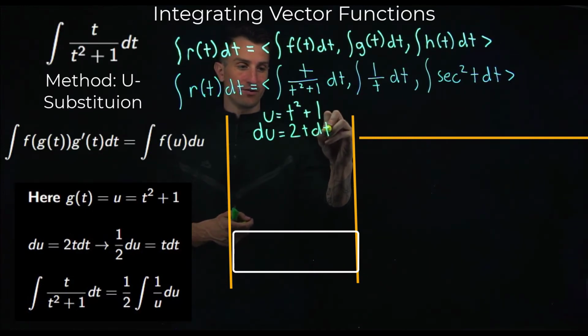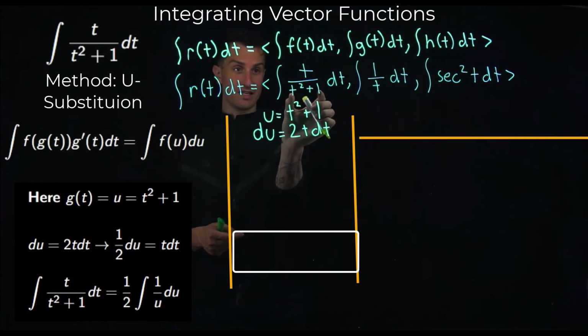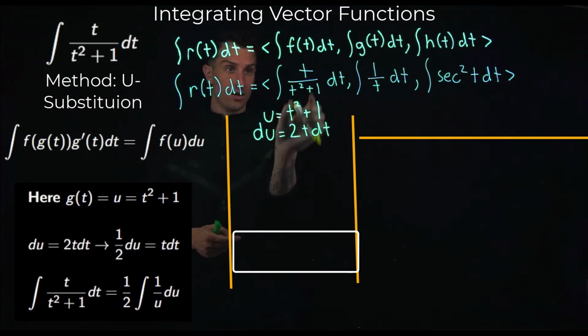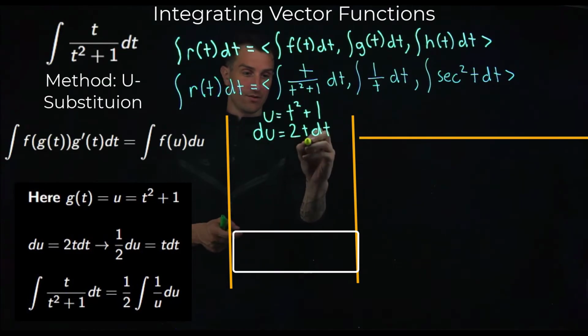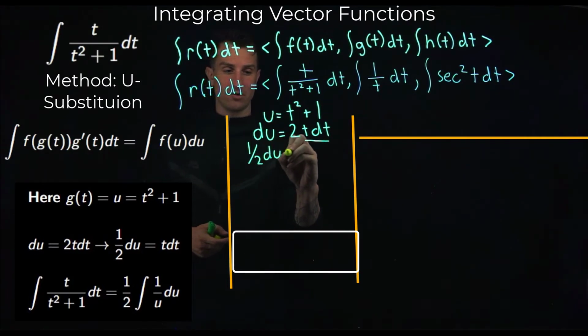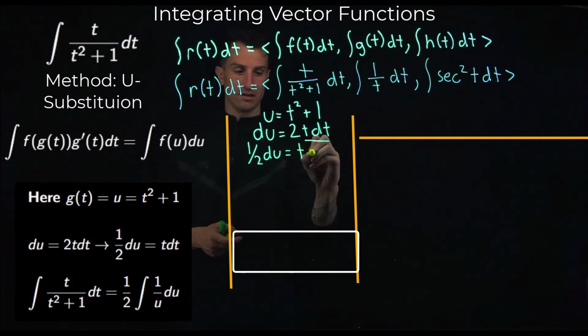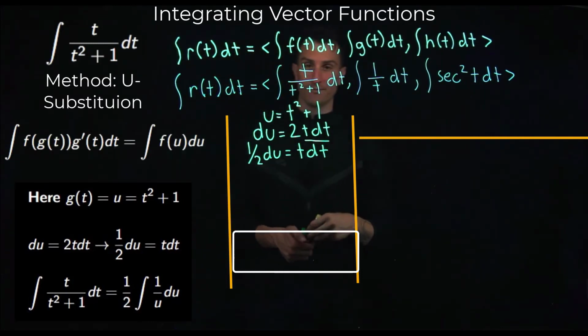Now let's pause for a second and look at what we have. I'm going to sub out the t squared plus 1 with the u. We still have a t dt left. Over here I have 2 of them, so I want to solve for this thing by itself. So let's move the 2 to the other side, and now I have a 1/2 du equals t dt. Okay, so we're making progress.